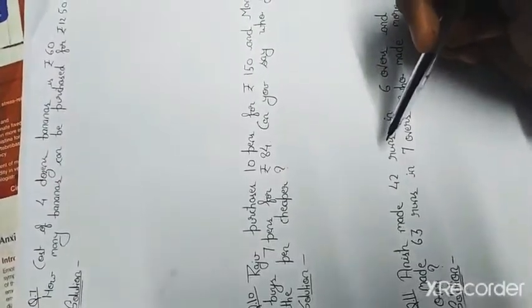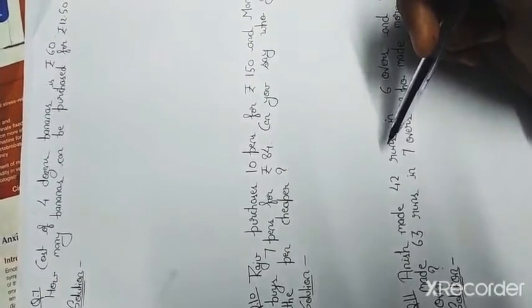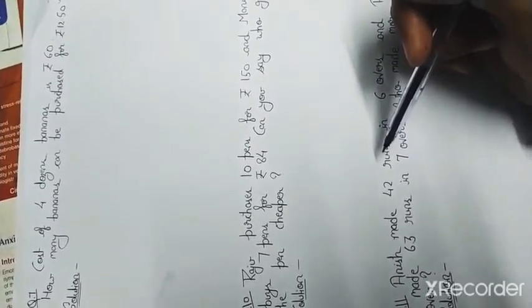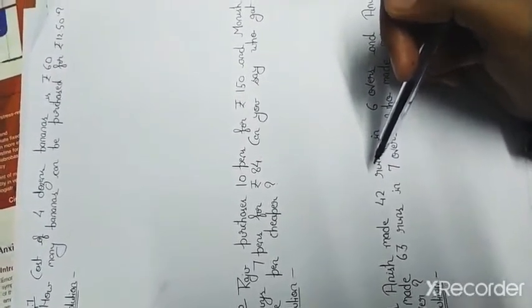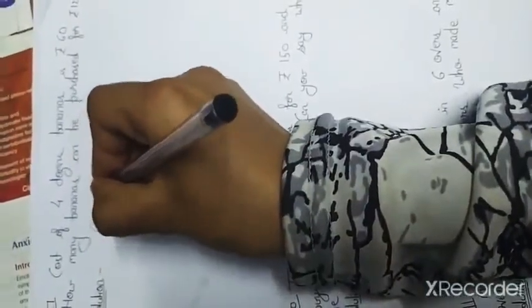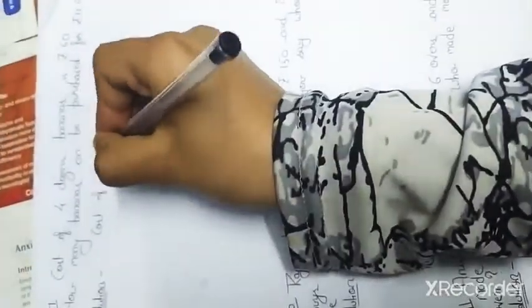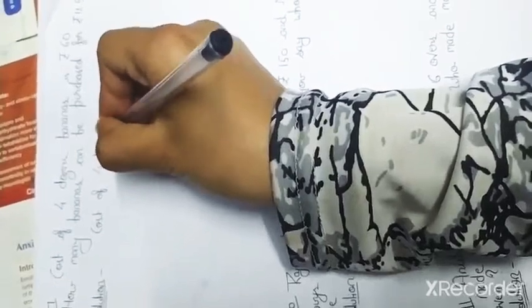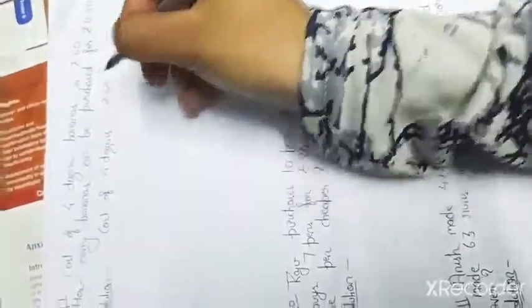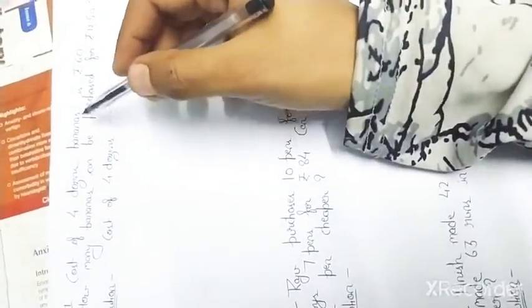Cost of 4 dozens of bananas is rupees 60. How many bananas can be purchased for rupees 12.50? Okay. So what is given to us? Cost of 4 dozens equals rupees 60. Now, how many bananas are there in 1 dozen?